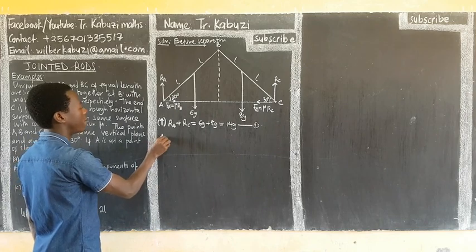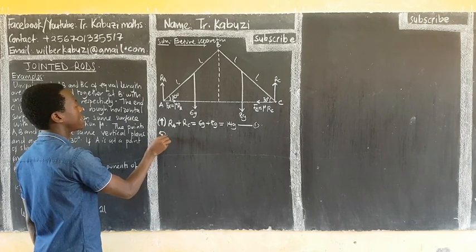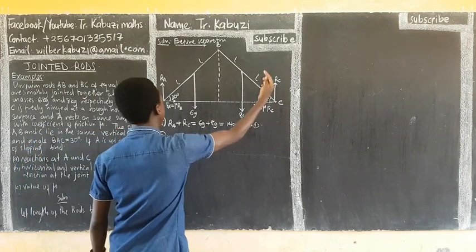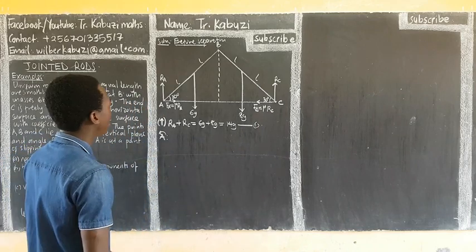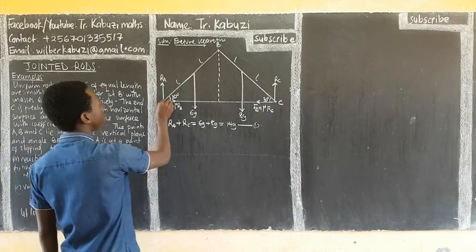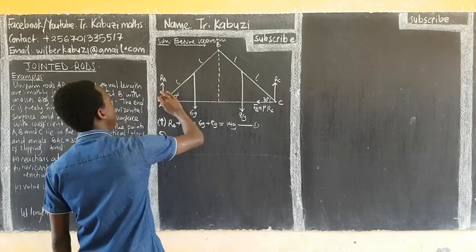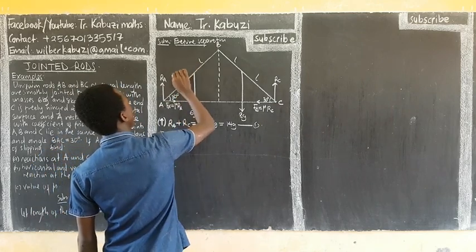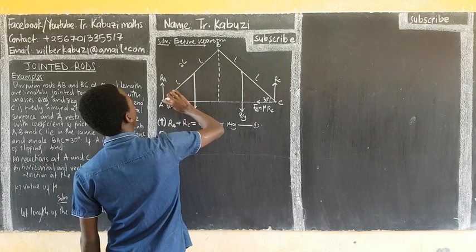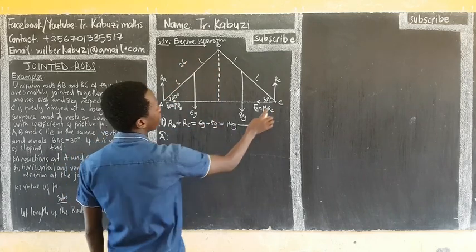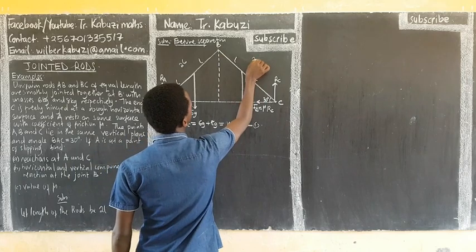Here, be careful. I'm now going to take moments at A so that I can get this one anti-clockwise. Now we need the distance from here up to here. How am I going to get the distance? When I add this and this, I get 2L. So from A to B there is 2L, and also from this to this there is 2L.